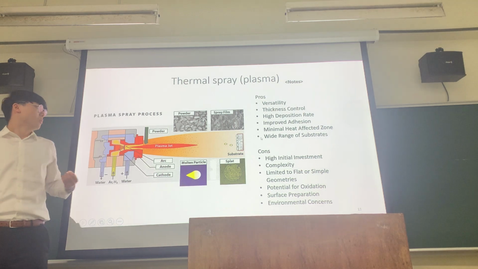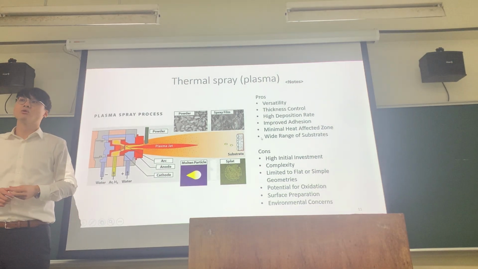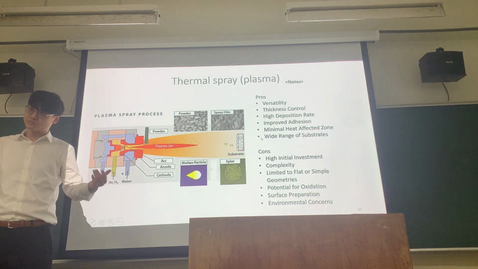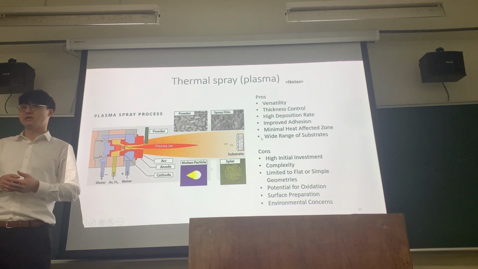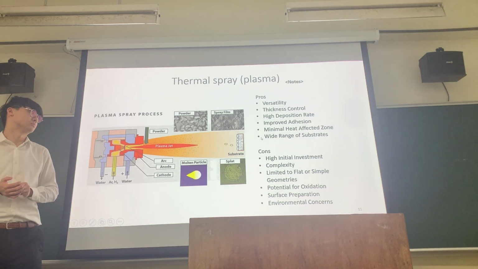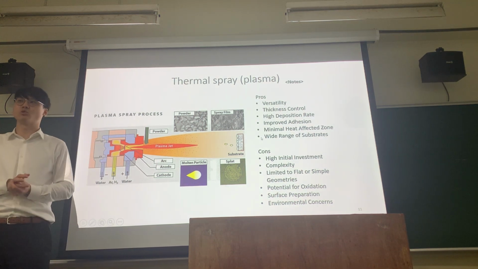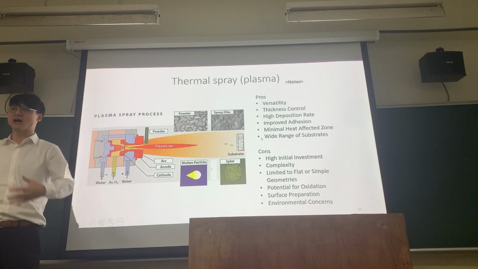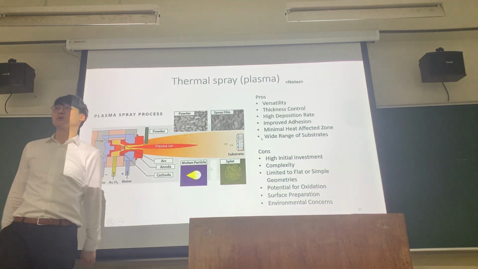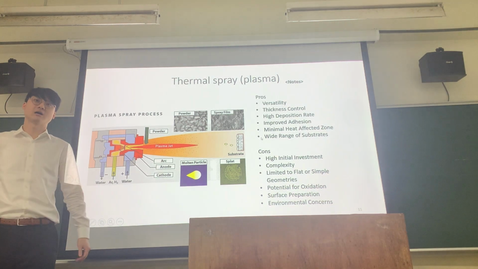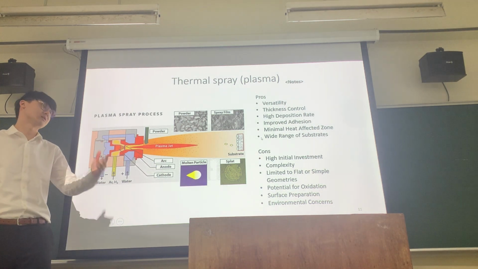So when we choose thermal spray for our applications, normally we won't spray materials that are easy to oxidize, for example copper, titanium, steel, metals, all of which we'd like to avoid spraying with thermal spray because it involves high temperature. So what is the counterpart if we want to use easily oxidized material? Cold spray, right? Because cold spray doesn't involve high temperature. So we use cold spray for materials that are easier to oxidize.